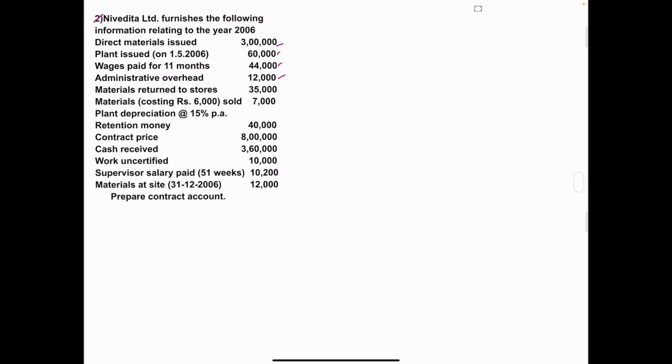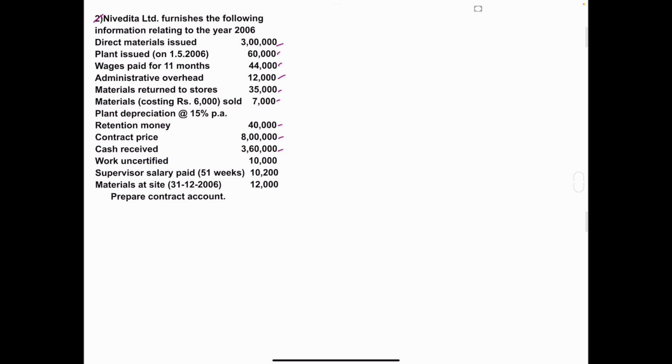Materials returned to store 35,000. Materials costing rupees 6,000 sold for 7,000. Plant depreciation at 15% per annum. Retention money 40,000. Contract price 8 lakh. Cash received 3 lakh 60,000.